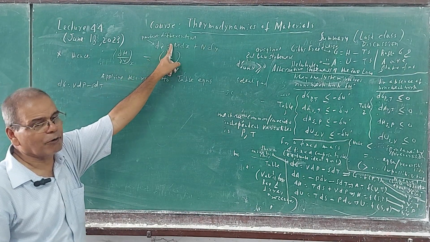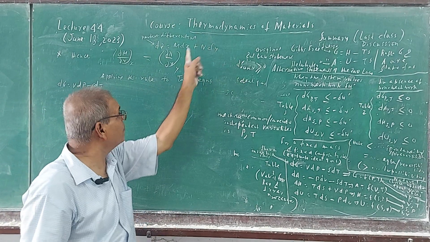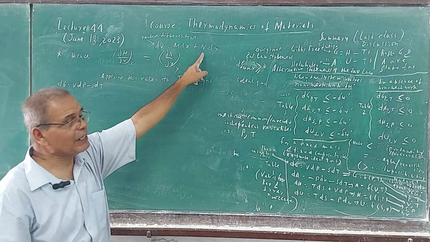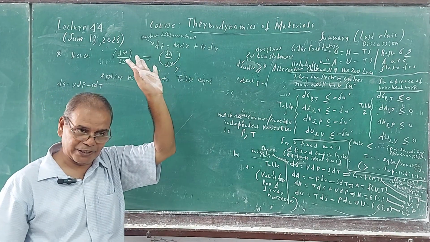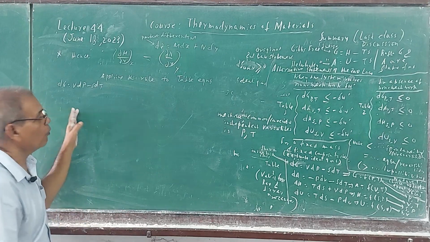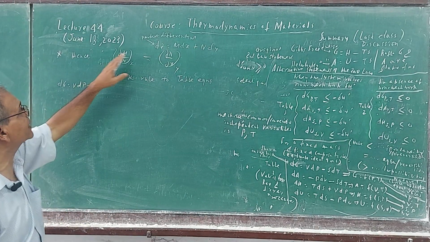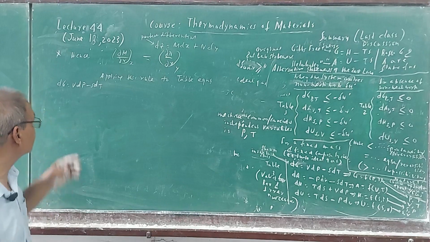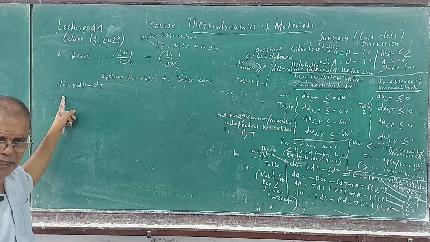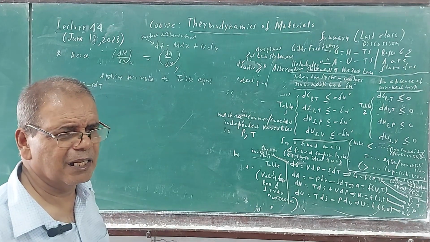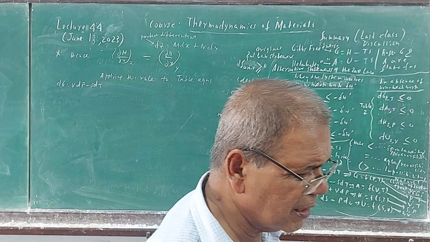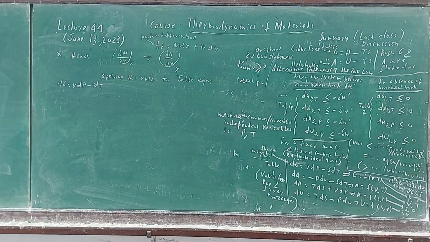The outcome is del M by del y at constant x equals del N by del x at constant y. The only criterion is that the left hand side must be a perfect differential. We consider dG a perfect differential. Is dG a perfect differential? If it is not, you are not entitled to write dG.